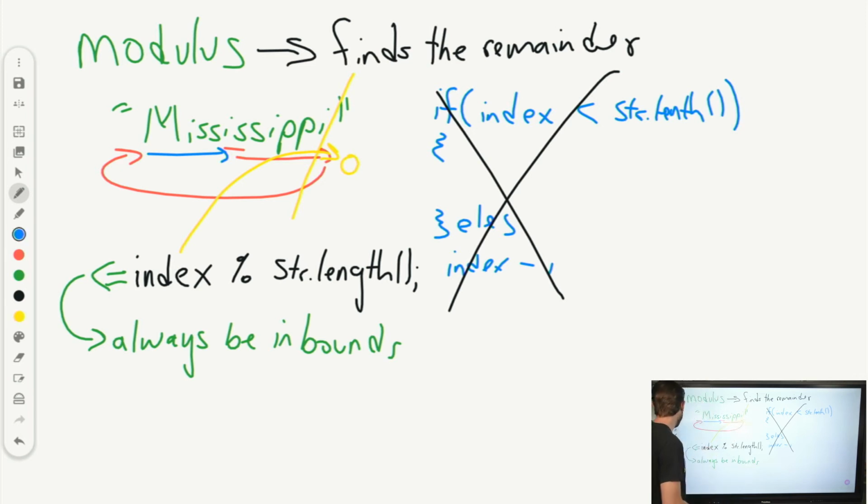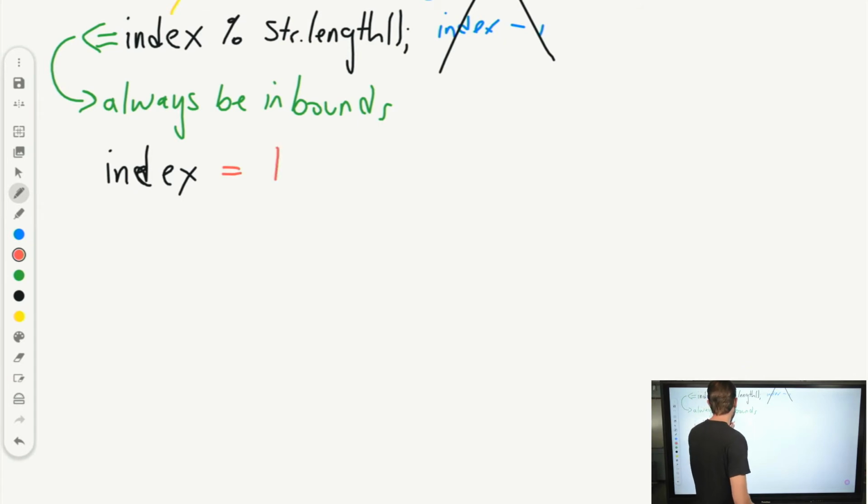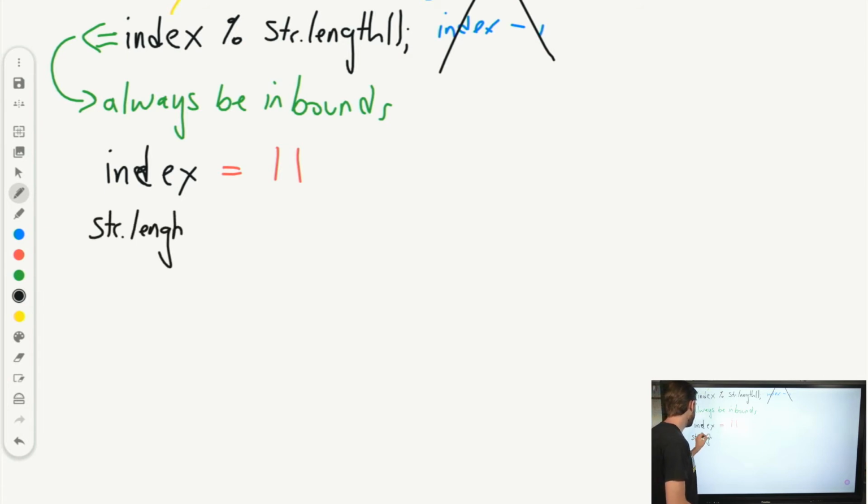So let's say, for example, that our index, let's give our index a value of 11, okay? And our string.length, the length of our string, is 9.